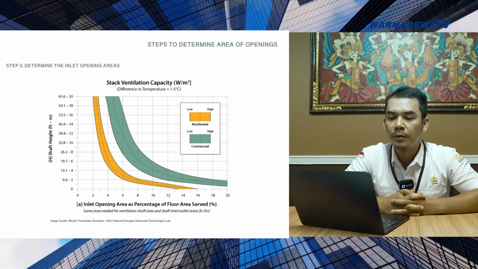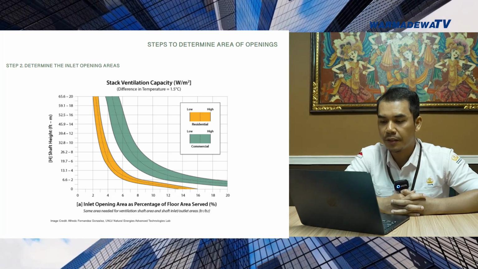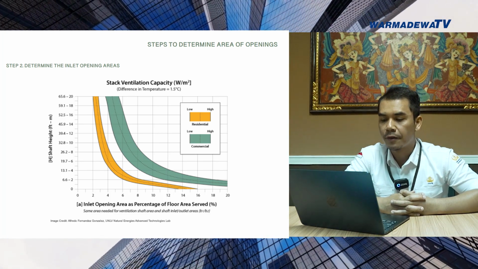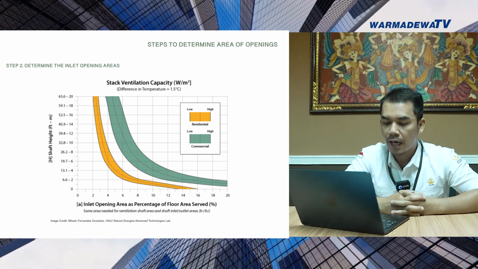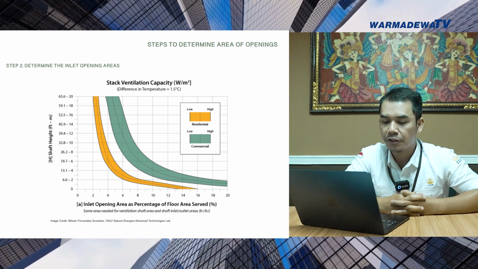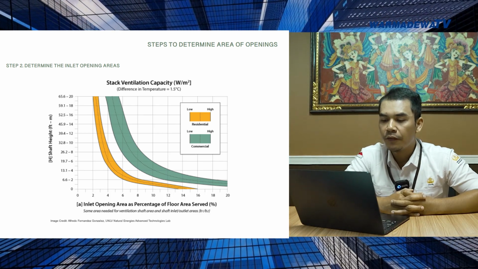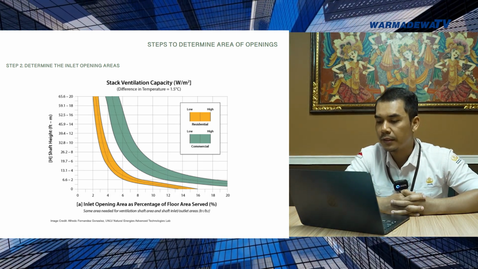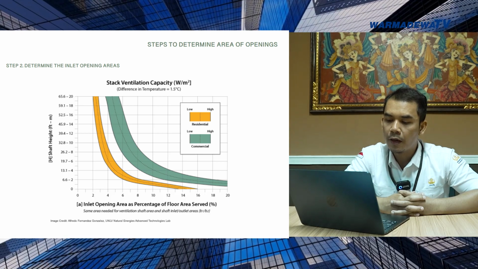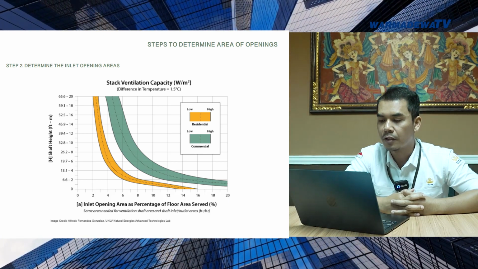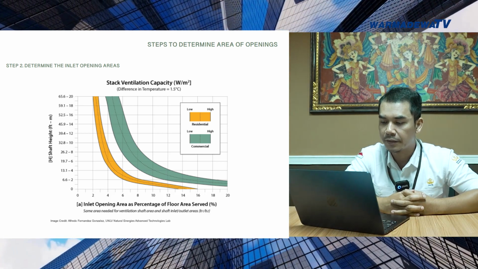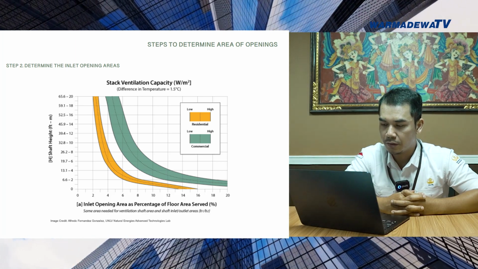Now, step 2, we must determine the inlet opening areas. This is a diagram that we can use as a baseline to indicate or measure the size of the inlet opening. If you look at the diagram, you can see that the blue S-curve indicates commercial buildings, while the yellow S-curve indicates residentials.